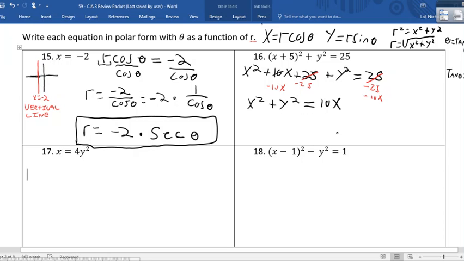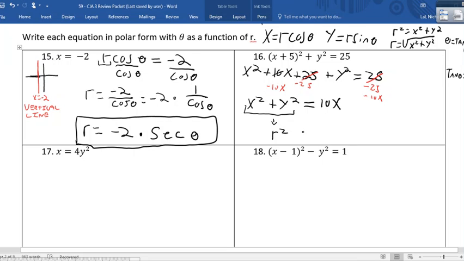Now that we have negative 10x, the reason why I tried to get x squared and y squared by itself is that we have the equation r squared is equal to x squared plus y squared. So because r squared is equal to x squared plus y squared, we can replace x squared plus y squared with r squared.